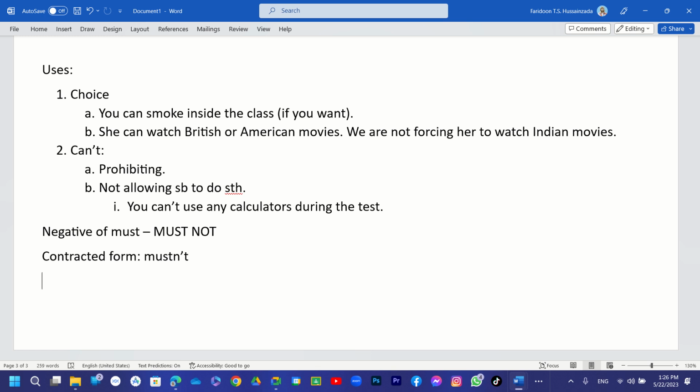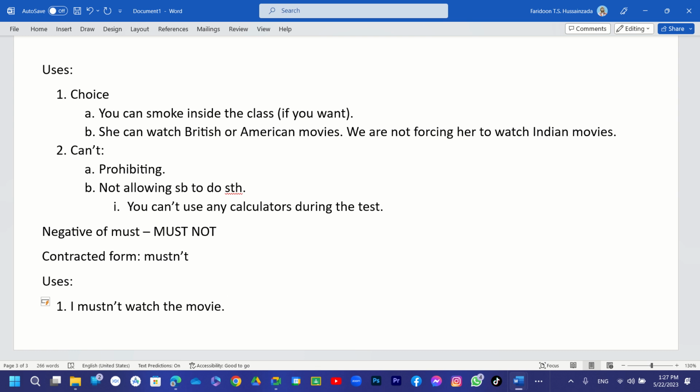Can you guess what it does? Anyone? Really? Mustn't. Negative. Okay, it's okay.